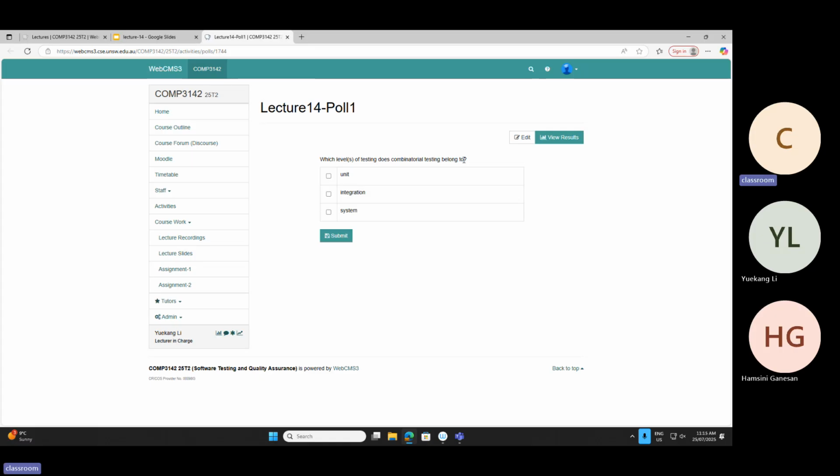Just now we discussed combinatorial testing could be done for input parameters and system configurations, right? So which one of these levels have input parameters or system configurations or system options? Actually, all of them have.